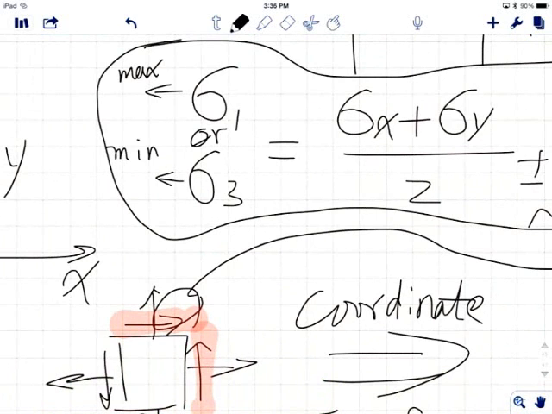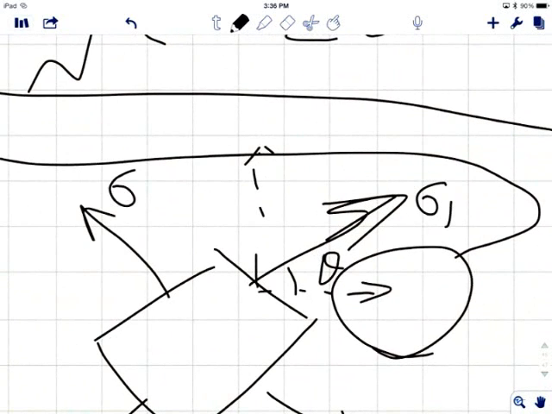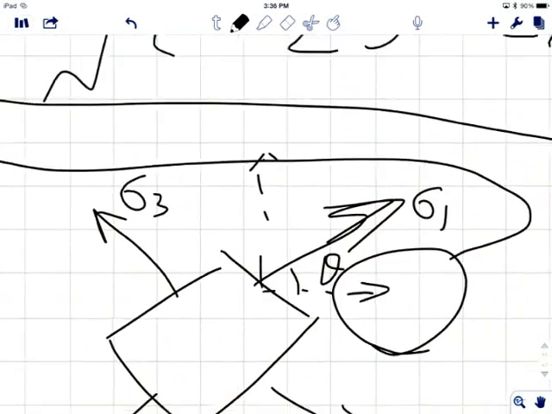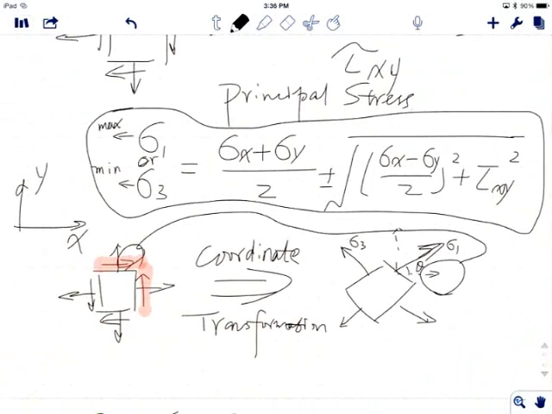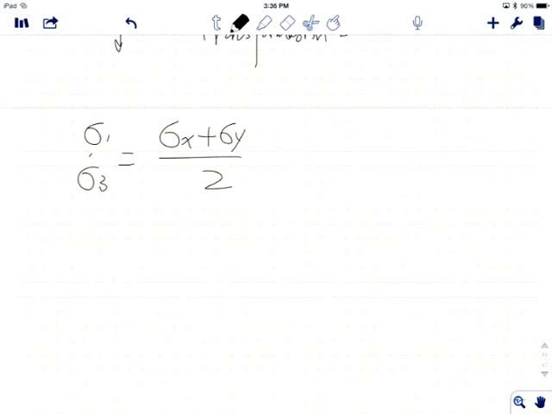Principal stress in 2D is mainly on two axes, one here and the other here, 90 degrees apart. The maximum is when the plus is happening, and the minimum is when the negative is happening, because here you have positive and negative. Any other questions?